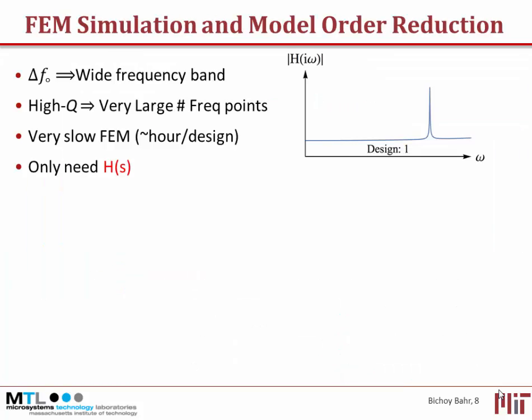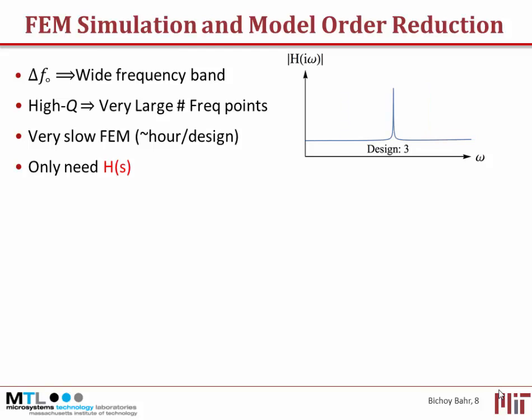So we will focus only on maximizing the quality factor for this purpose. And once we started looking at that, the first challenge was, how do we simulate these structures? How do we get the quality factor of each structure? And the only answer was frequency domain FEM simulations. But the problem with frequency domain FEM simulation is that as the optimizer changes the dimension, the resonance frequency keeps shifting.